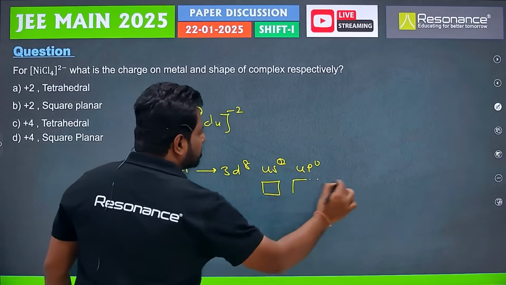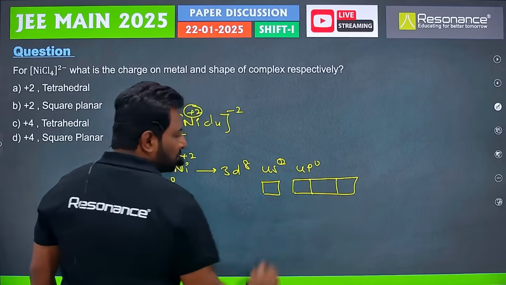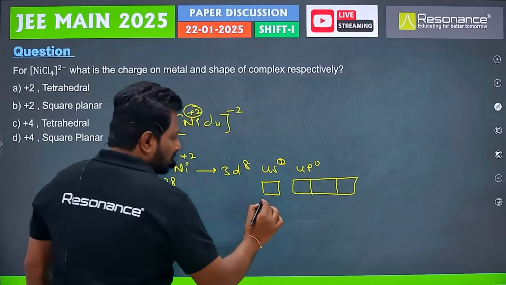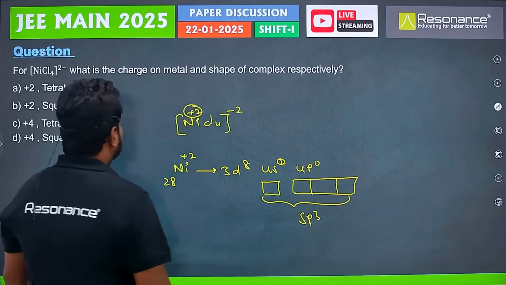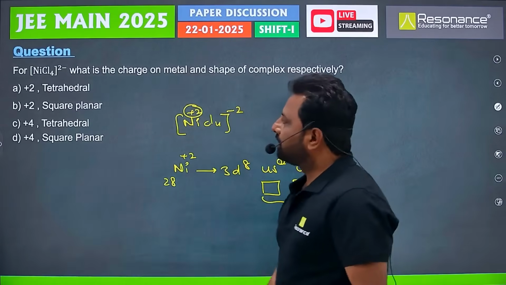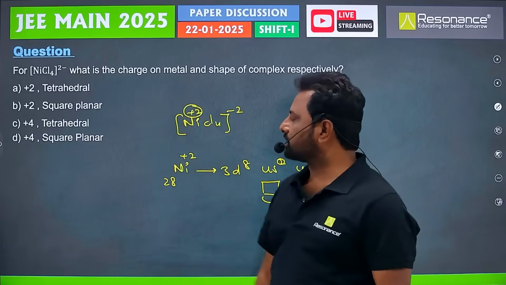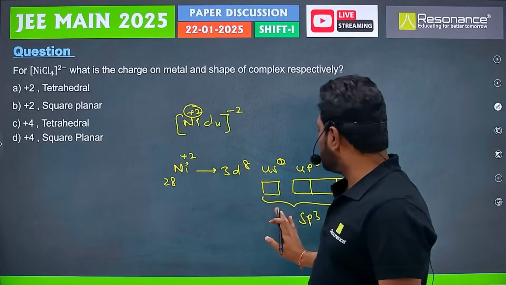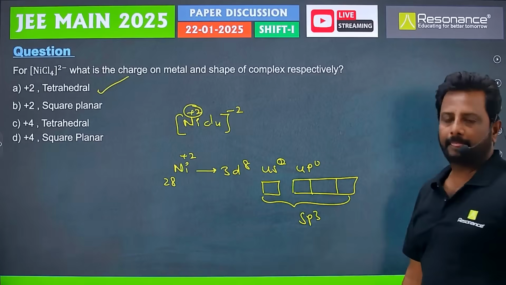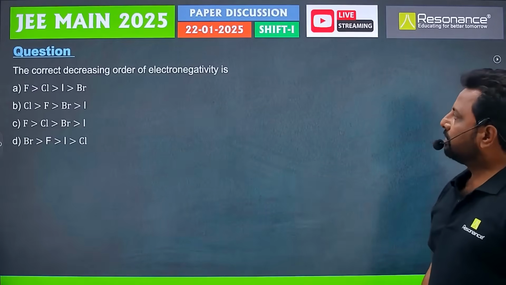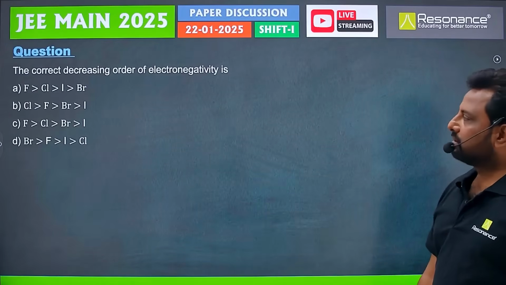Chlorine is a weak field ligand, so it undergoes sp3 hybridization, which means it has a tetrahedral structure. So +2 oxidation state and tetrahedral structure. Our correct answer is A. Go for the next question.